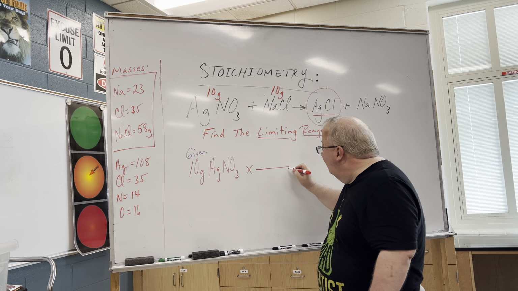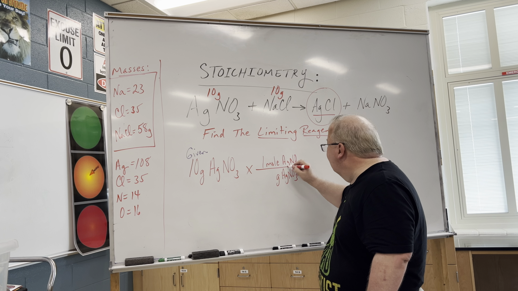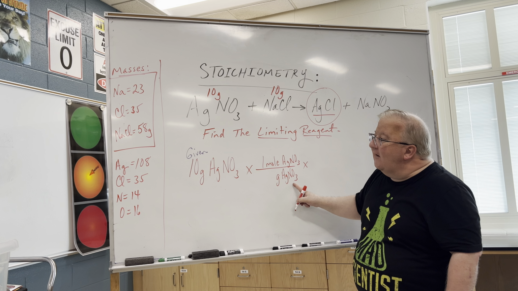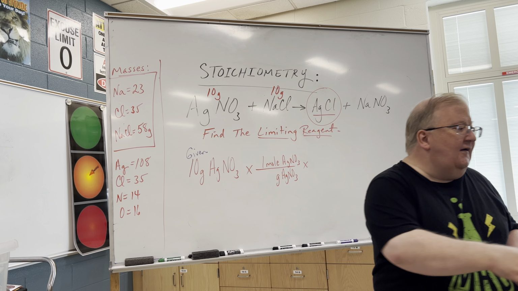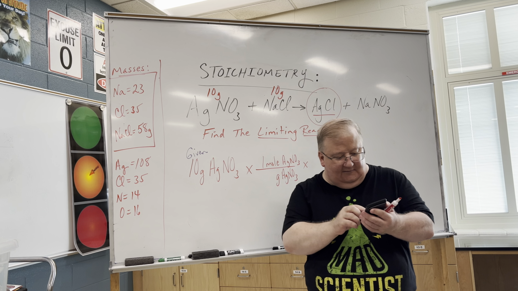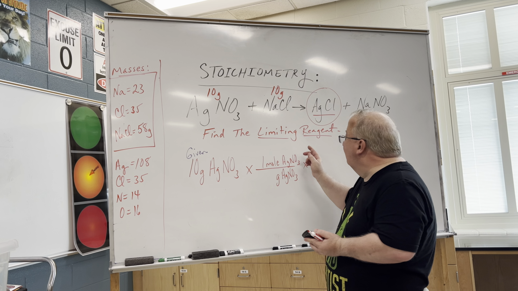How do we do that? We take the total atomic mass. We have to add up 1 silver, 1 nitrogen, and 3 oxygens. Silver has a mass on the periodic table of 108, plus nitrogen is 14, plus oxygen is 16, but we have 3 of them, so we have to do the total mass.